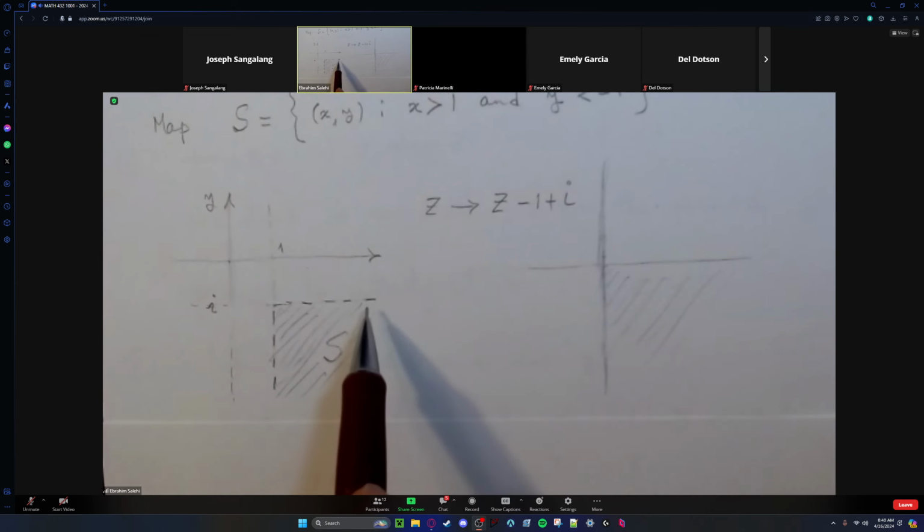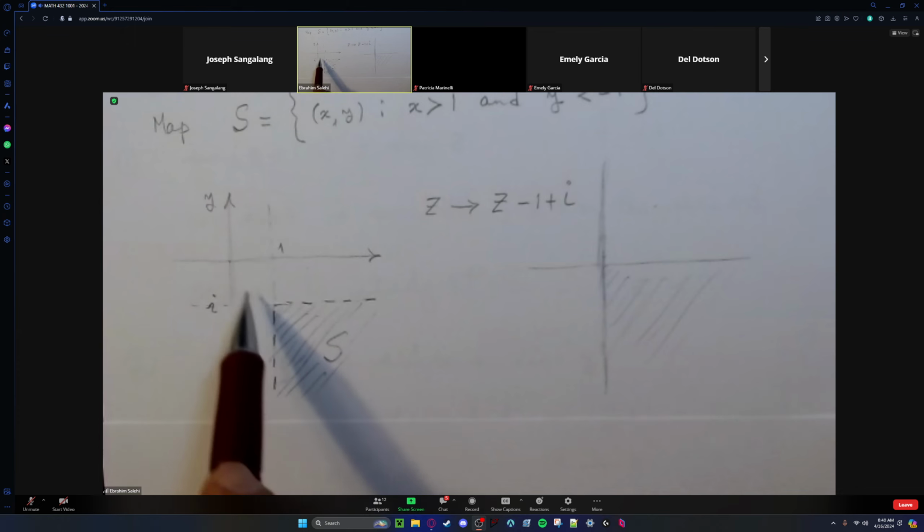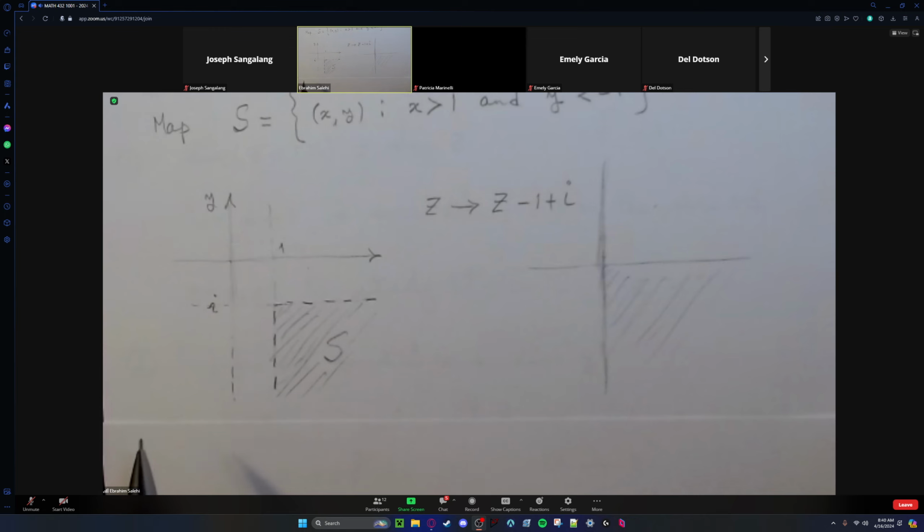First, bring the whole thing by a transformation to this point.